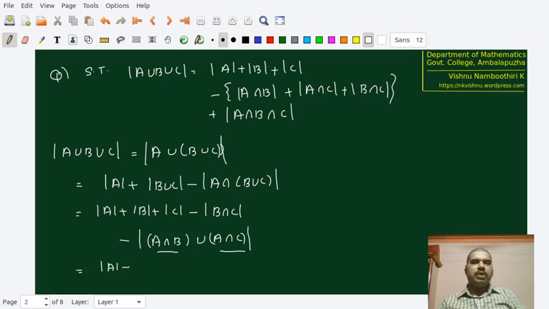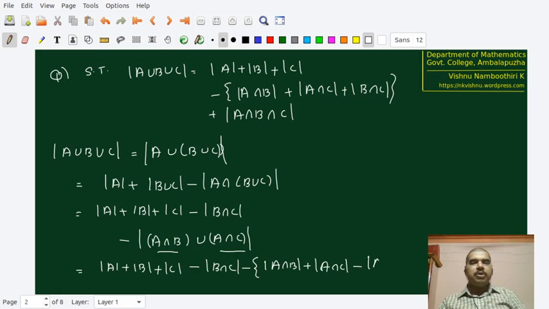So cardinality of A plus cardinality of B plus cardinality of C minus cardinality of B intersection C minus what is here? A intersection B union A intersection C. Once again, if we apply the previous result, we will get cardinality of A intersection B plus cardinality of A intersection C. What is next?